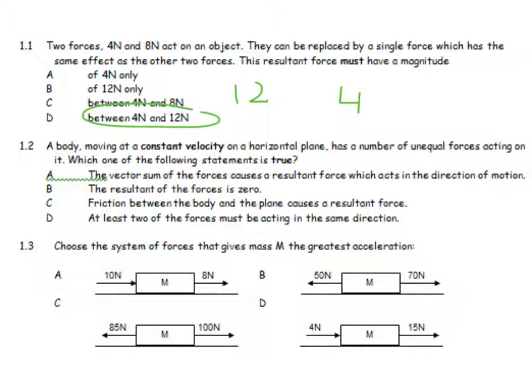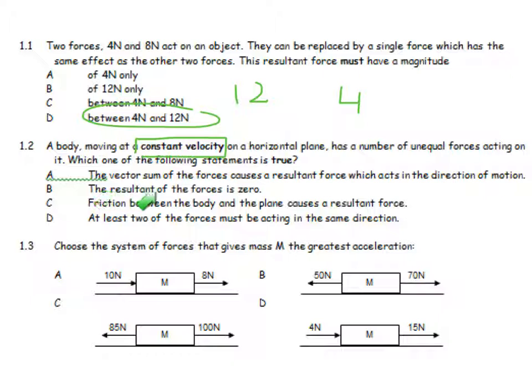A body moving at a constant velocity on a horizontal plane has a number of unequal forces acting on it. Which of the following statements is true? If it's going at a constant velocity, that means that all the forces are in equilibrium. So there is a zero resultant force. So let's read that through.